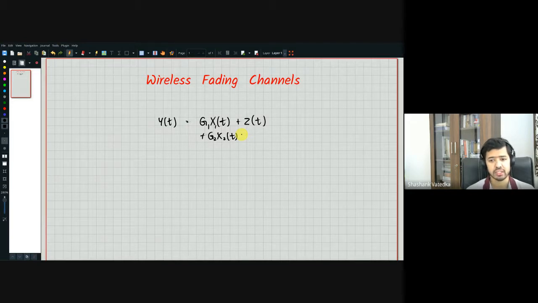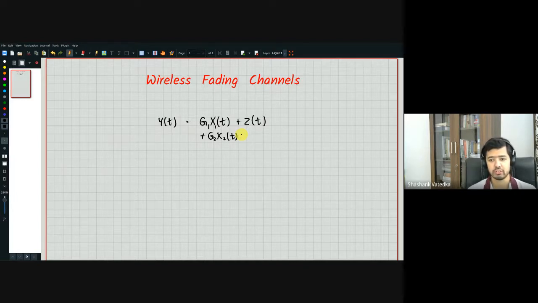And we'll see that these are significantly different depending on what kind of a fading model we consider. So before I actually get into channel models, we'll have a brief discussion about what exactly fading constitutes, and maybe a very high level discussion about what the consequences of fading are.